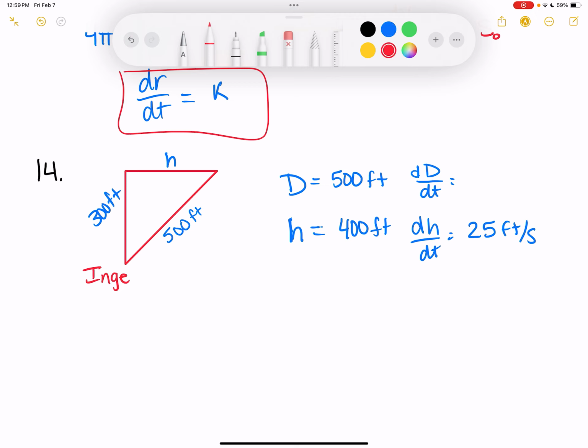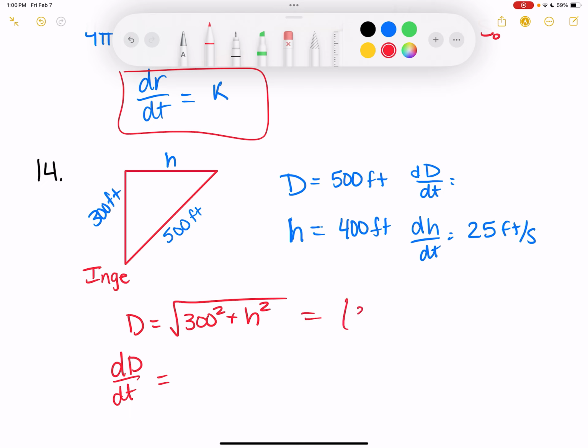So we're going to say D equals the square root of 300 squared plus H squared. So then we take the derivative, so dD/dt equals what?